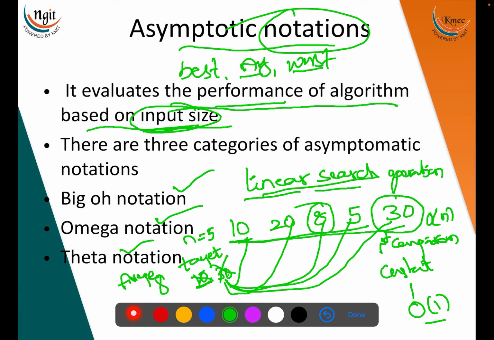So in big O notation, we evaluate the performance of the algorithm. Same for omega, same for theta. Now the question comes to our mind: why were 3 different notations required to do the same task? Correct? Now we'll see the answer.